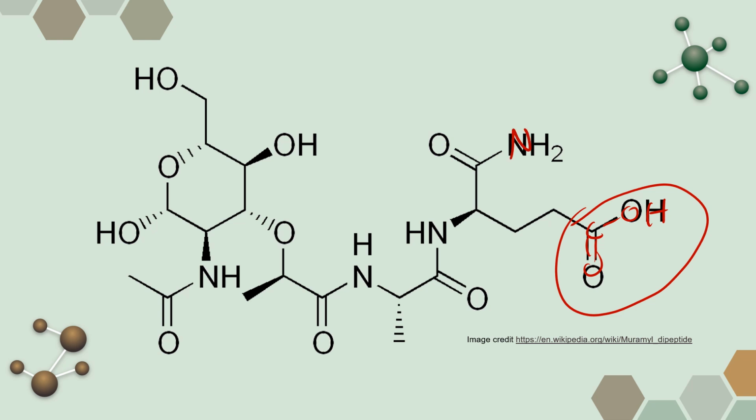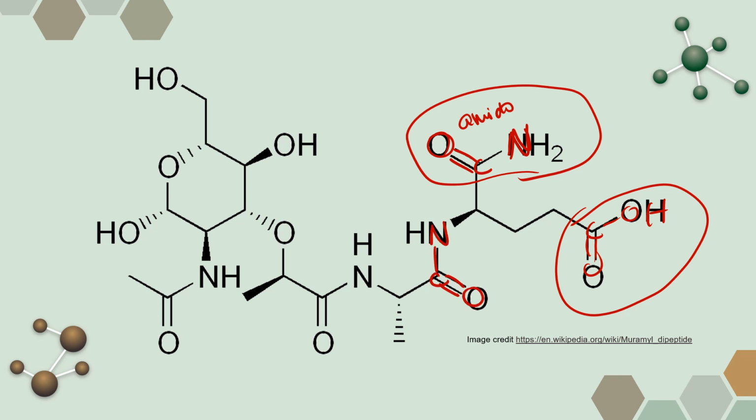What about this one? I see a nitrogen bound to a carbon that does have that double bonded oxygen. This is an amido. What about this nitrogen? Bound to a carbon, double bonded to an oxygen. It's another amido. This amido is bound to only one carbon, two hydrogens. That makes it a primary amido.